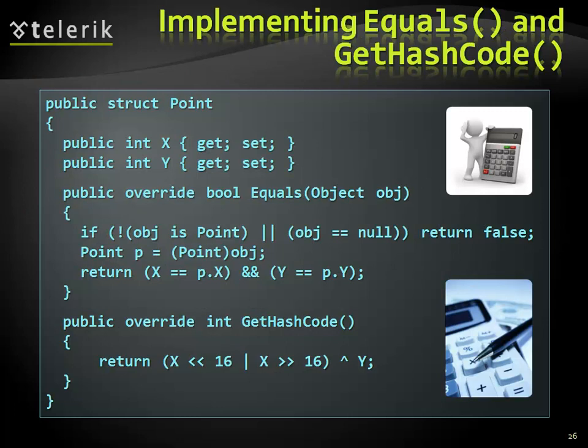Okay, so for example, we have points and we want to store something for each point. So each point will be a key in our dictionary, and that key will have something. For example, I don't know what you can store for points, but each point could say I'm in the nth quadrant.